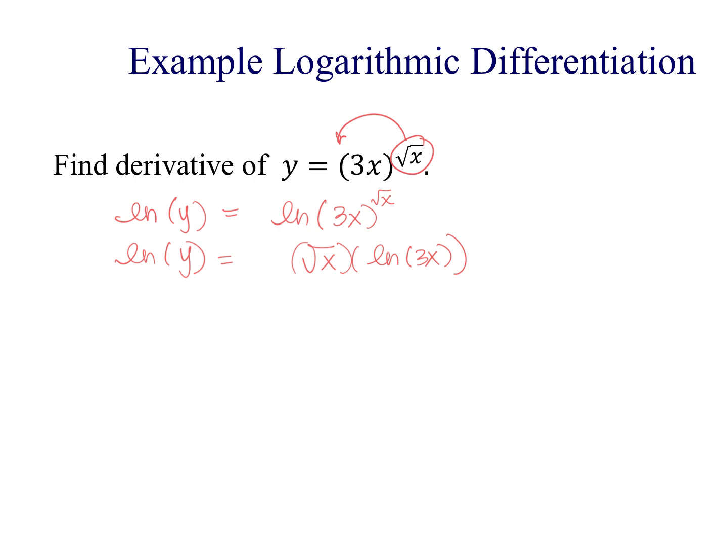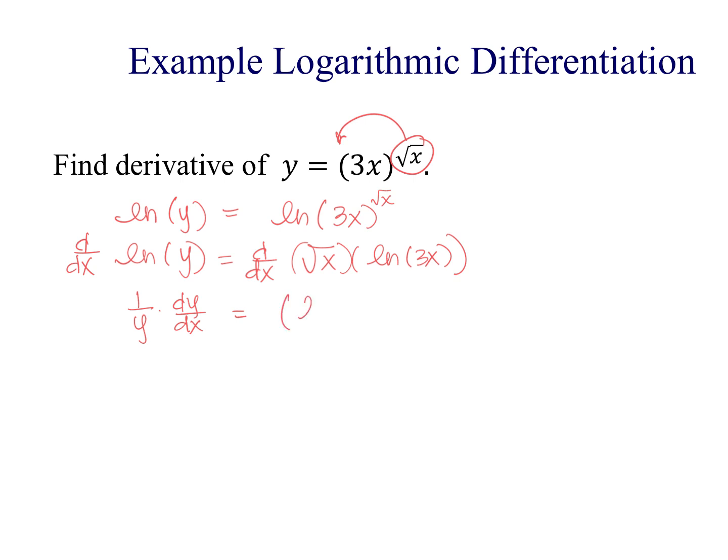Then I'll apply the appropriate derivative rules on each side. So on the left, the appropriate derivative rule is simply 1 over y times dy dx. And on the right, we use the product rule again.